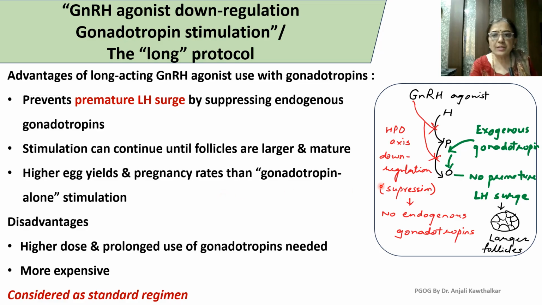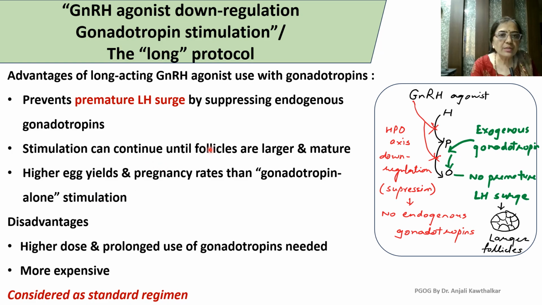Pregnancy rate is also less if only gonadotropin is used. So the addition of GnRH agonist drastically improves the outcome with a greater egg yield or oocyte retrieval. The number of oocytes being retrieved is more, and it leads to an increase in pregnancy rate also.